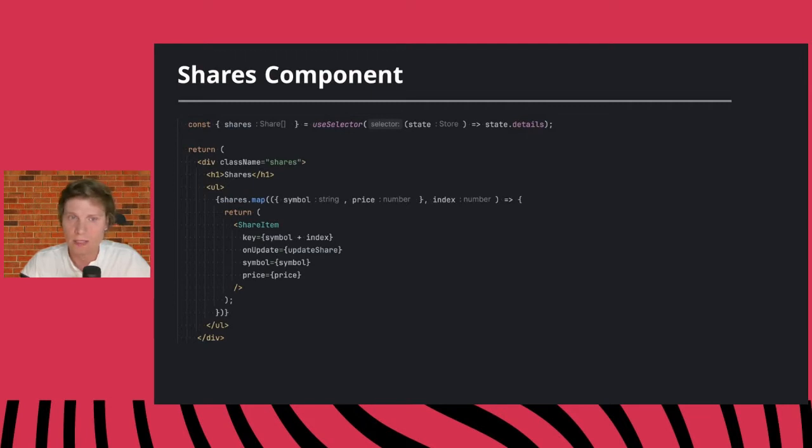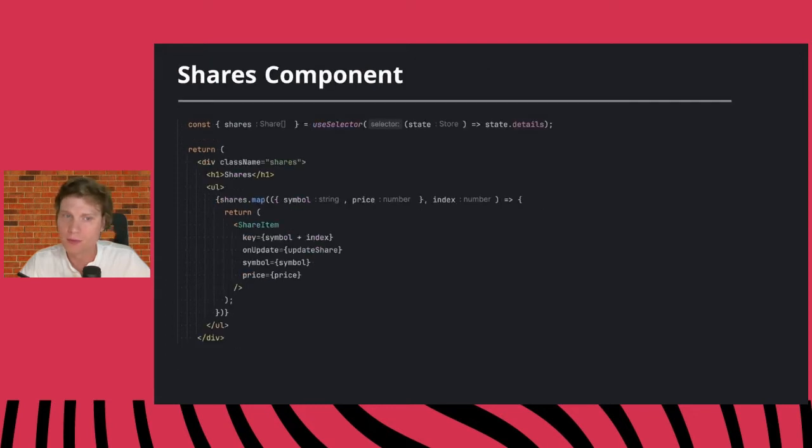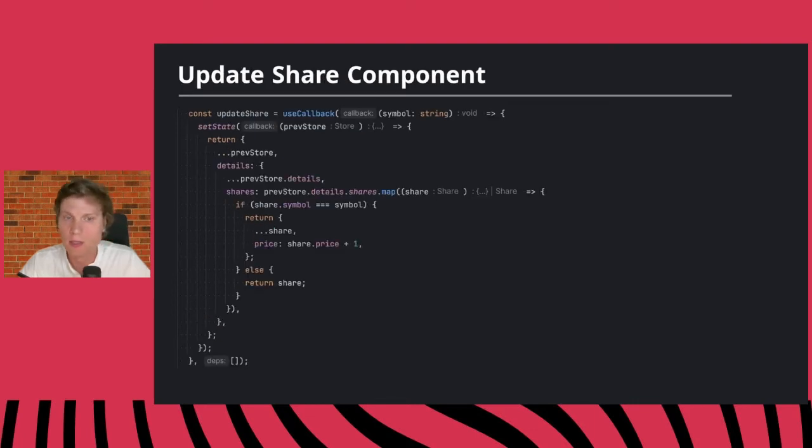So here is the shares component, where we're going to read our shares from the store. You can see that we're using a selector, and we are returning from the details where we have to be able to read shares and list them in our share item component. Now, how are we going to update the share? The same thing, but with useCallback, because we provide that function for updating the share item to the item of shares.